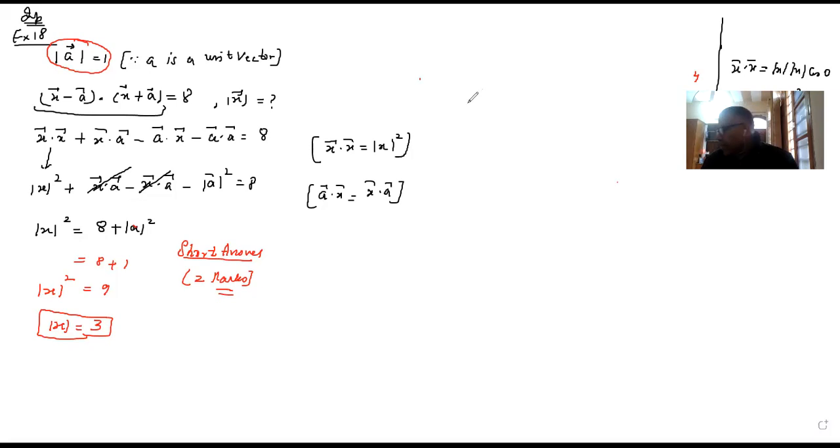Example 19. In this example, A and B are two vectors.